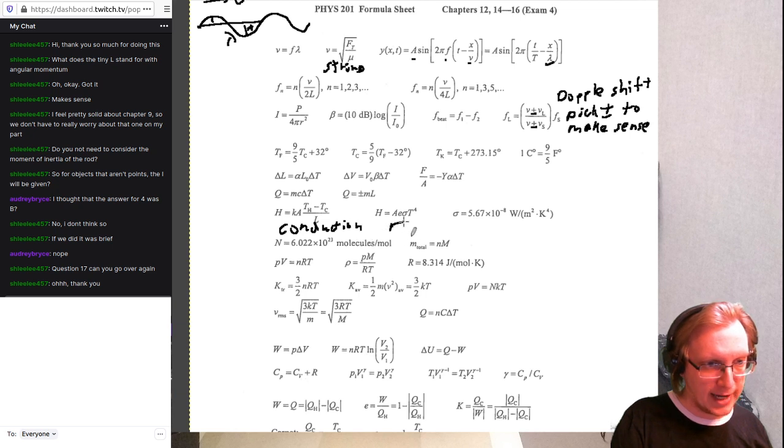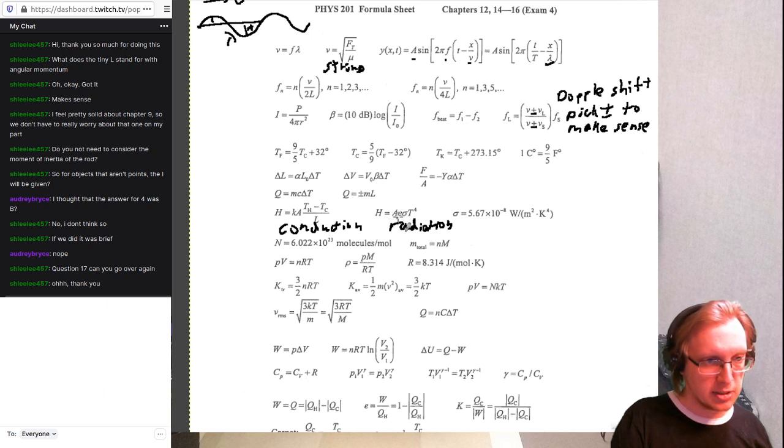And this is for radiation, where you radiate some heat away because it has temperature. In conduction you're moving heat from a hot place to a cold place over a certain length L through a surface area A, and K is the property of the material.